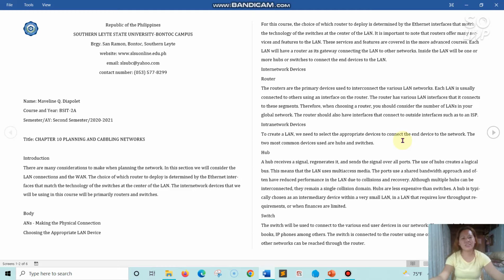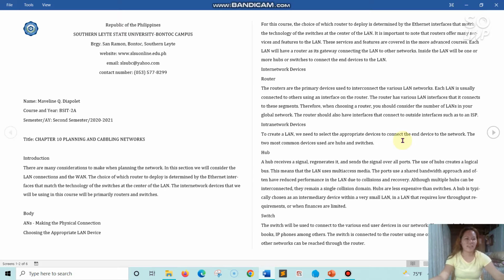In the inter-network devices, to create a LAN, we need to select the appropriate devices to connect the end devices to the network. The two most common devices used are hubs and switches. A hub receives signals, regenerates them and sends the signal over all ports.